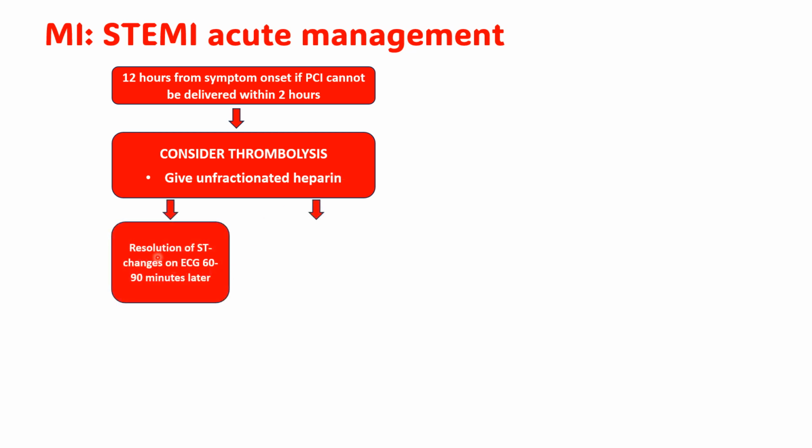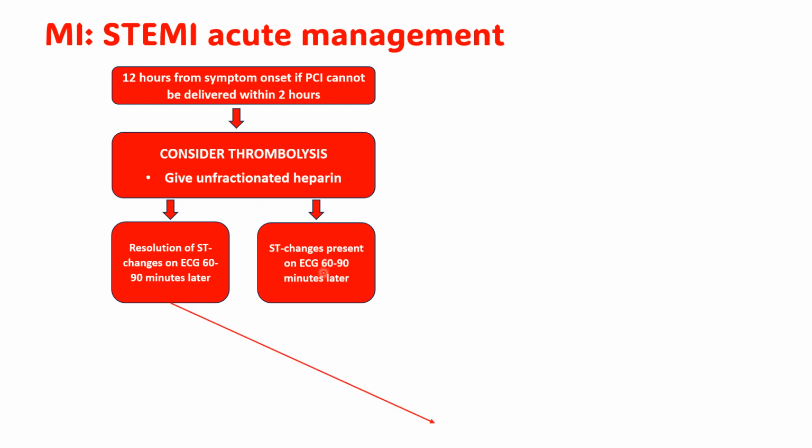And then what you want to do is check 60 to 90 minutes later if there's been resolution of the ST changes on the ECG. And what we do next is determined by whether we still have these ST changes or not.